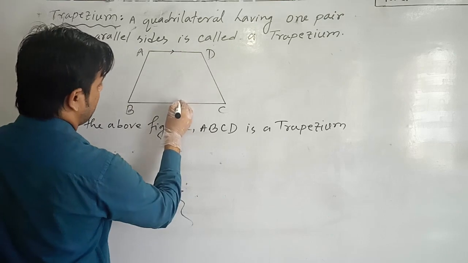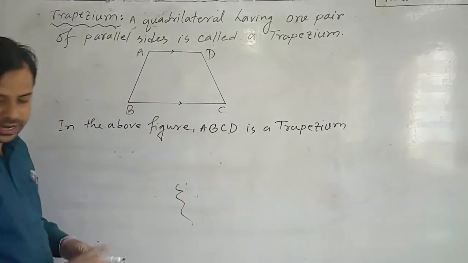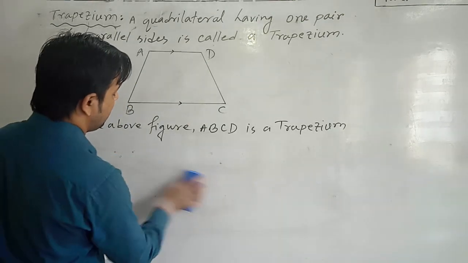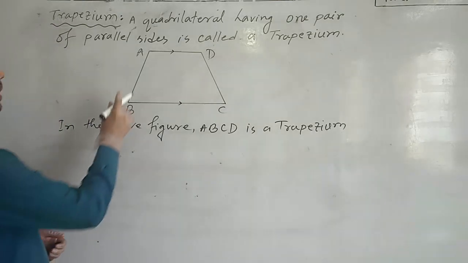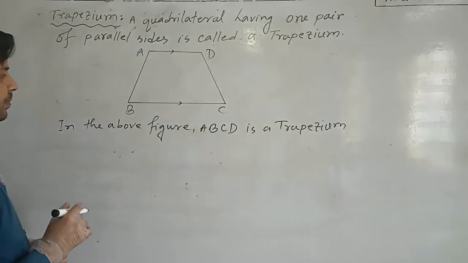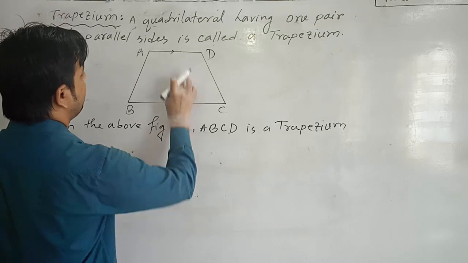Here the line AD and BC are parallel. AB and CD are not parallel. So you can say only one pair is parallel.